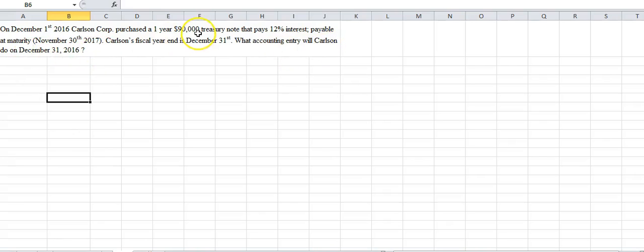Just because they received their $90,000 cash on November 30th plus the interest, that doesn't mean that they're going to do an accounting entry only on November 30th. They have to accrue for the interest that they've earned in the year that they've earned it, right?